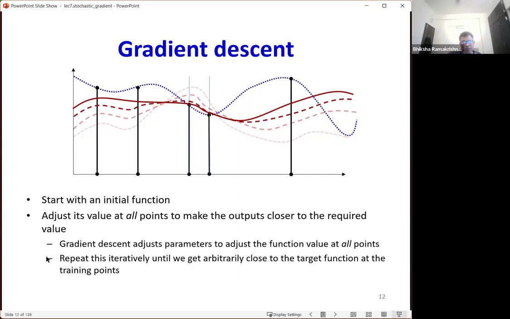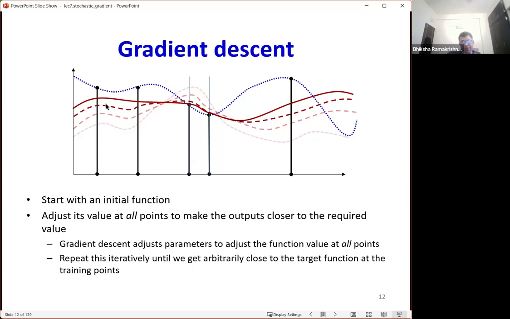The key over here is that we are adjusting the value of the function at all training points to make the outputs closer to the required value. Because the loss is a function of all the training points, and we want to minimize the error everywhere.